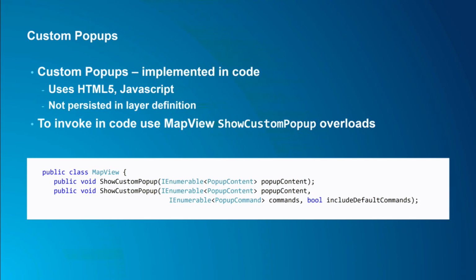So now specifically for map explorations, we have a pattern called the custom pop-ups. Custom pop-ups are actually implemented in code. And the format, the layout of a custom pop-up where you want to show the identify information uses HTML and JavaScript.